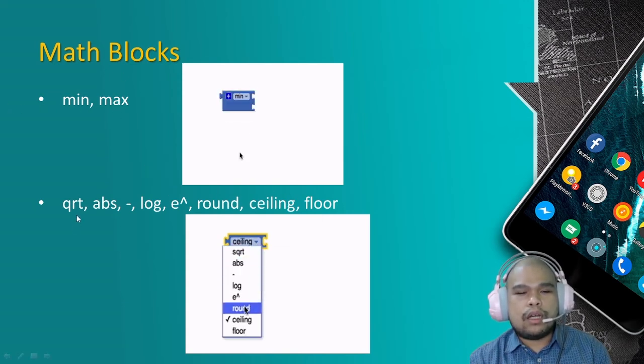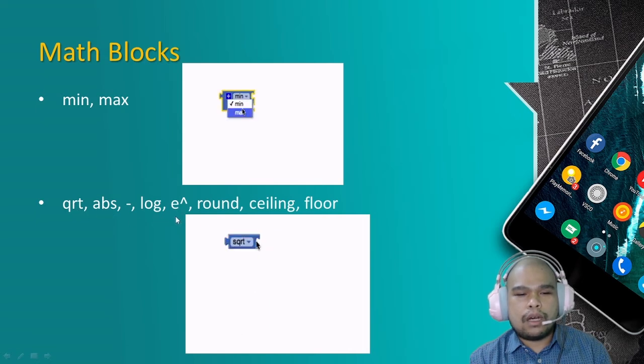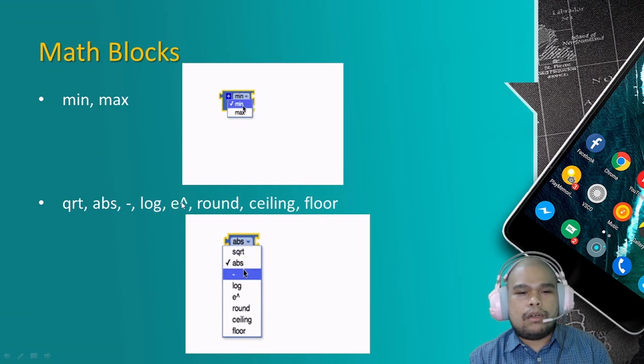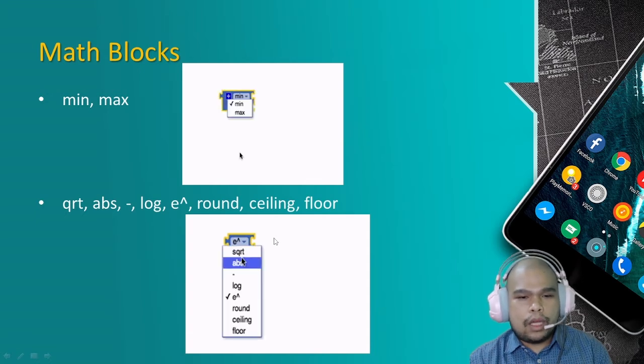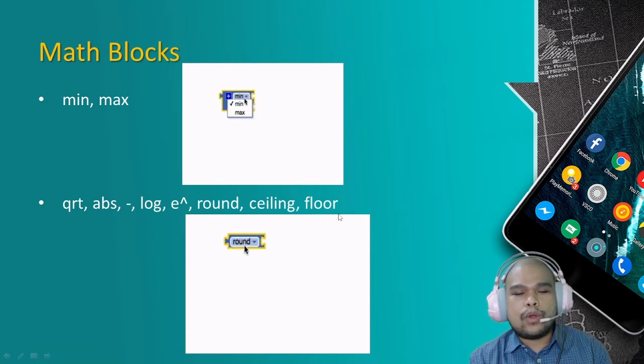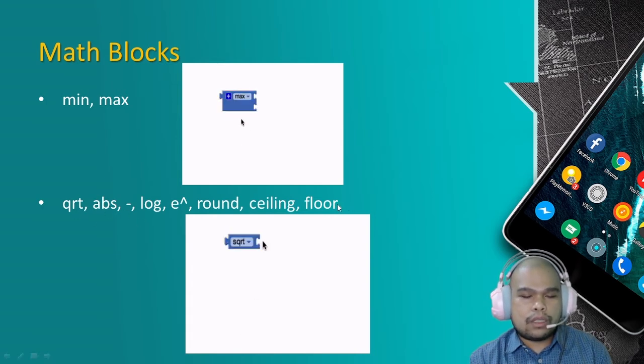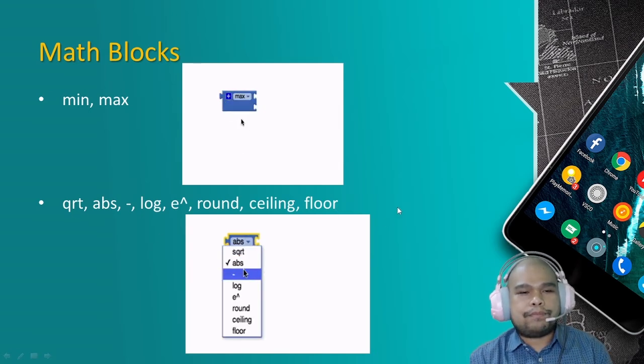We also have this one, square root, ABS, log, to the nth power, round, ceiling, floor, etc. These are the different functions that we can perform here in MIT App Inventor. So, instead of coding down or typing down our source code for creating the expressions for this computation, we can just drop them down.